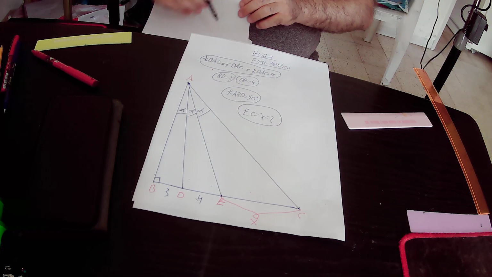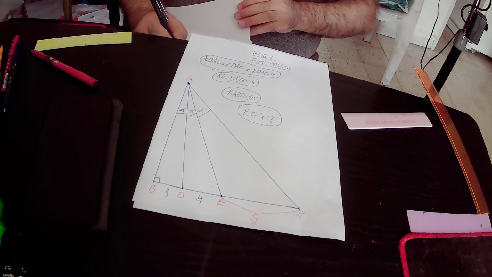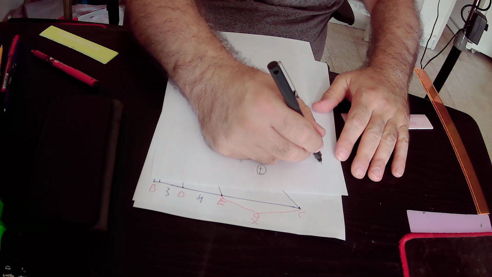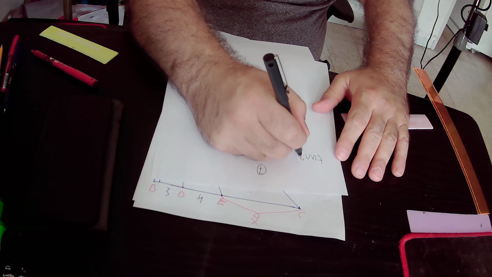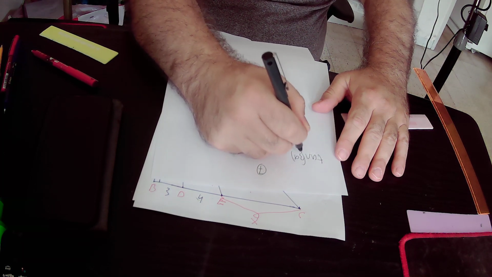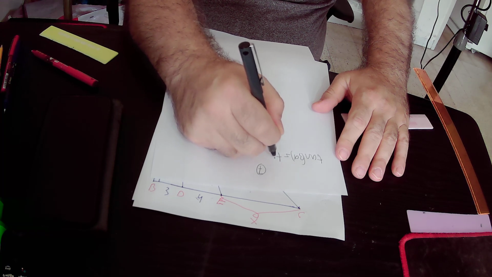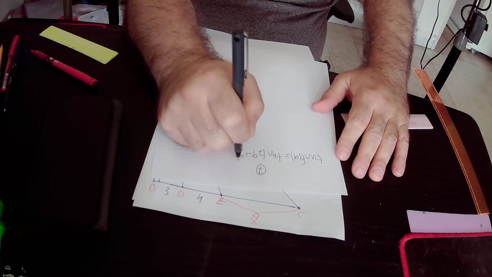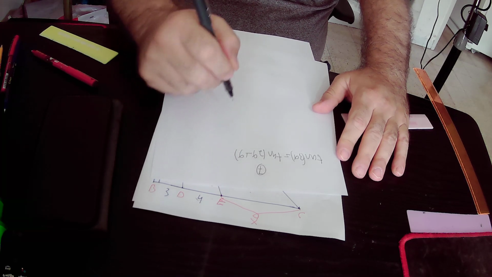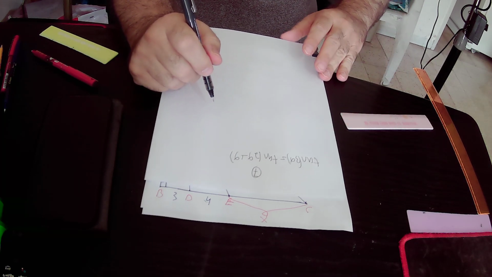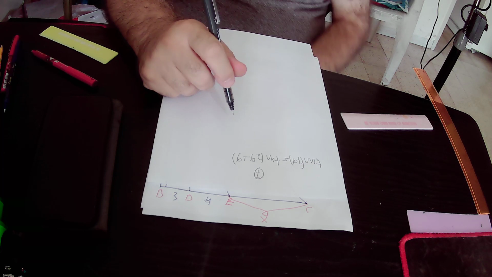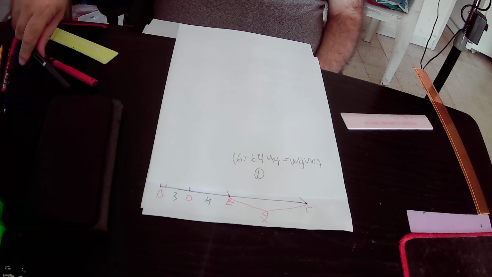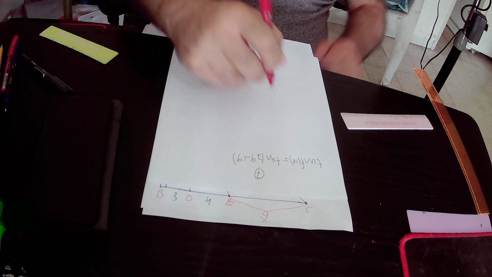But we also know that the value of tangent 3 alpha equals actually tangent 2 alpha plus alpha. Okay? And in order to find out the value of tangent 2 alpha plus alpha, I will present to you a new trigonometric identity.